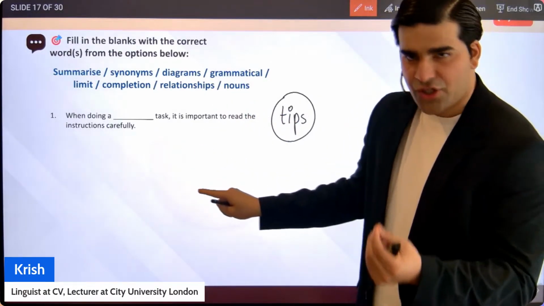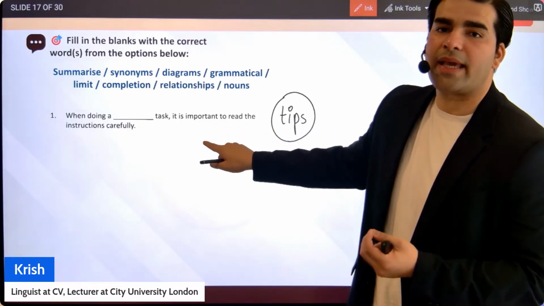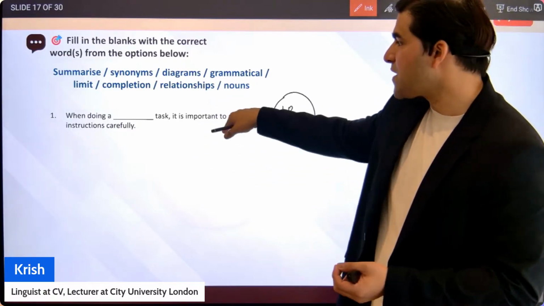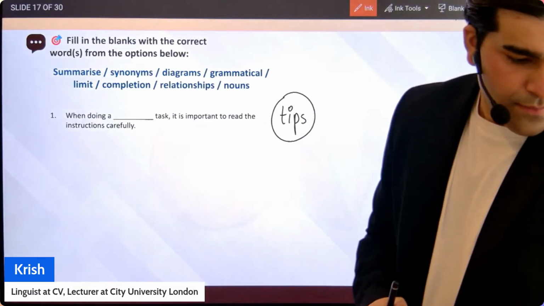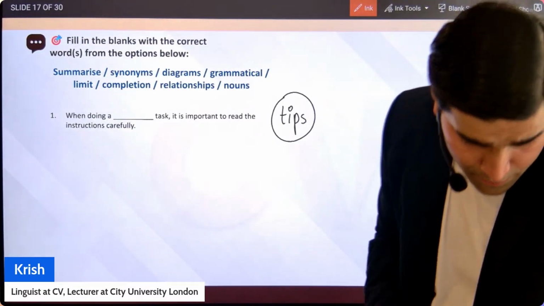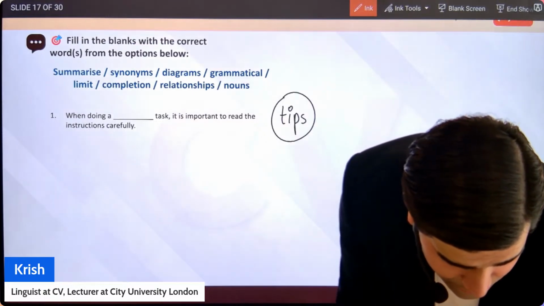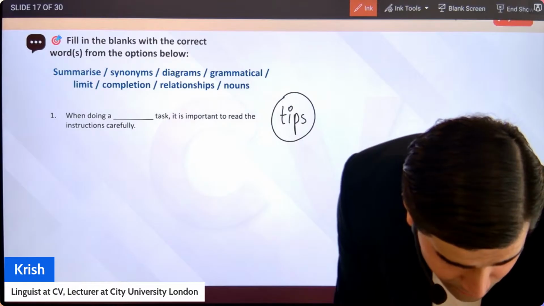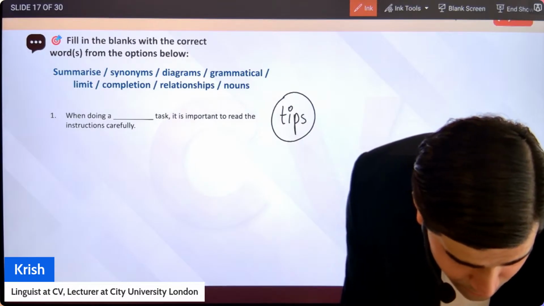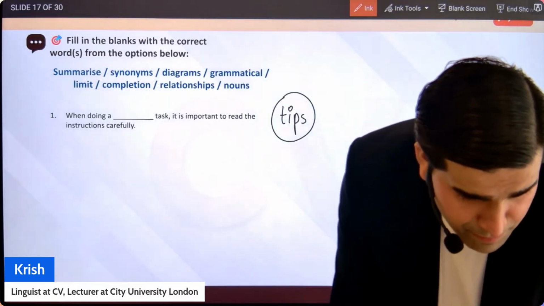When doing a dash task, it is important to read the instructions carefully. What type of task? It's blurry. I think I'll have to change the background of the screen.